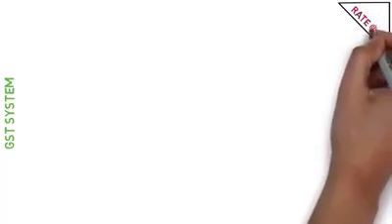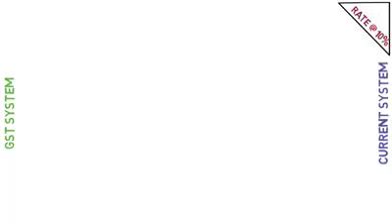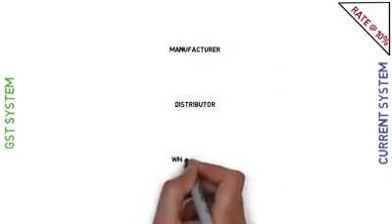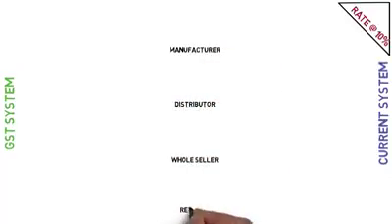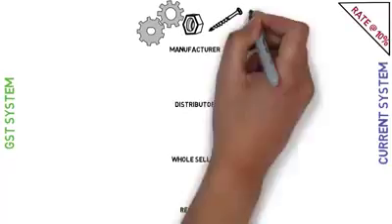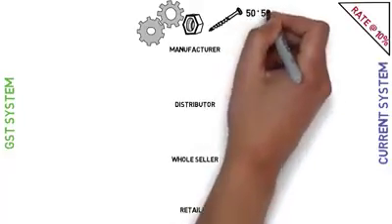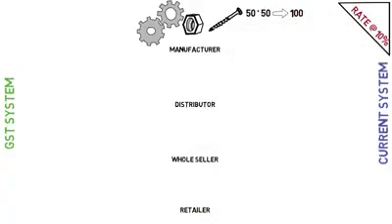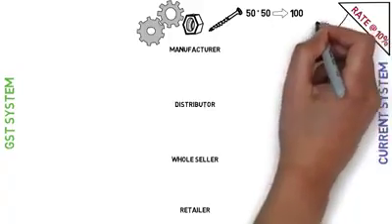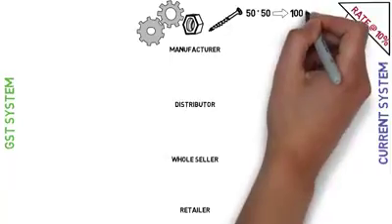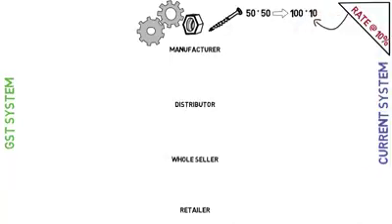Consider a simplified tax rate of 10% at each level. There are generally 4 levels: manufacturer, distributor, wholesaler and retailer. The manufacturer buys raw material, let's say of rupees 50, and manufactures the product, which adds 50 rupees of value to it. So the product becomes 100 rupees. And for selling this product, he needs to pay 10% tax, which is 10 rupees.